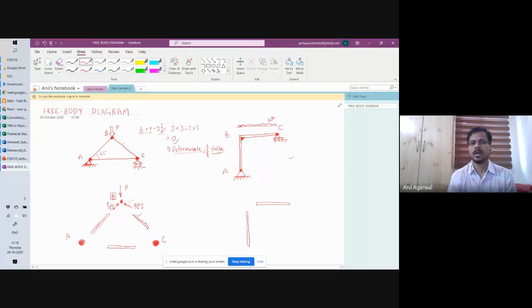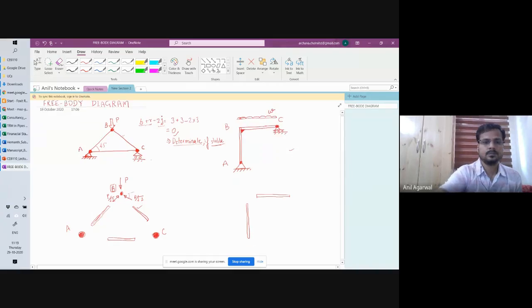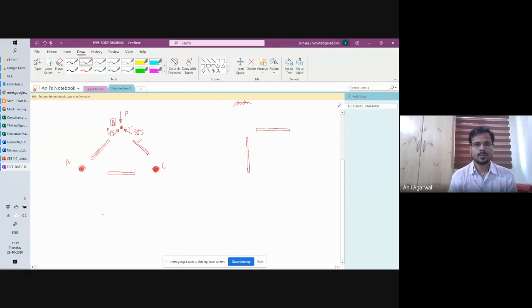Now, how about the free body diagram of member AB or member BC? Okay. So look at member AB, for example. I'm still drawing joint B just to keep things in close proximity. Now this force we have found already.